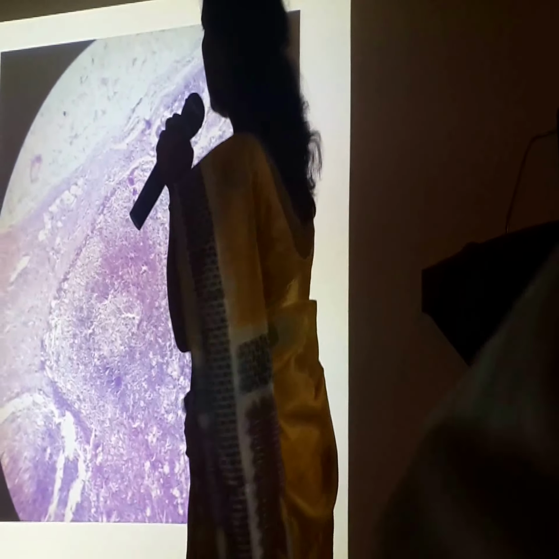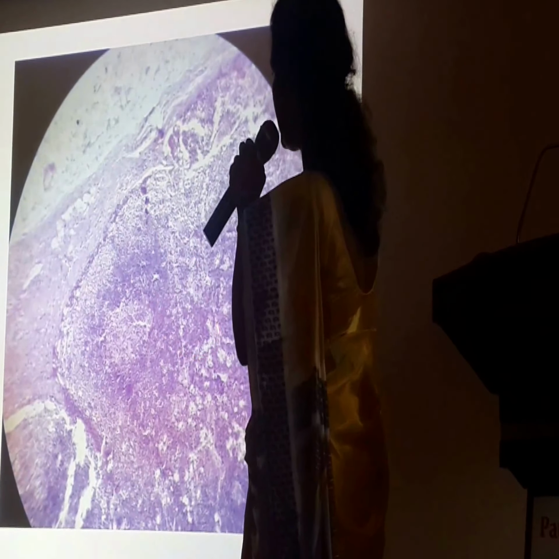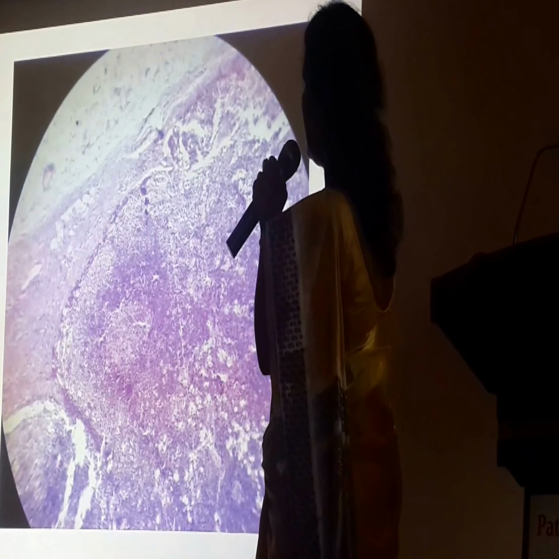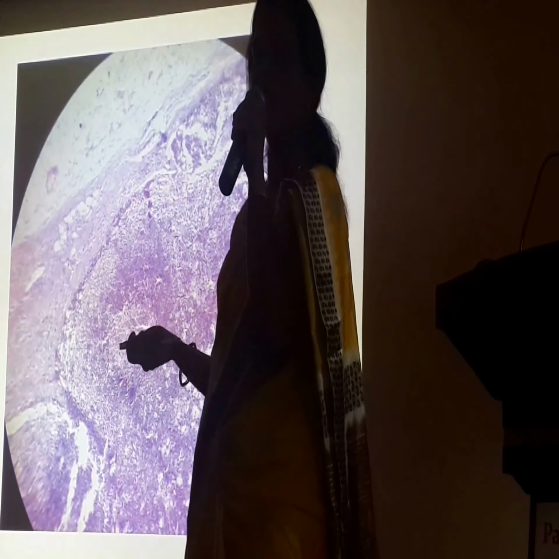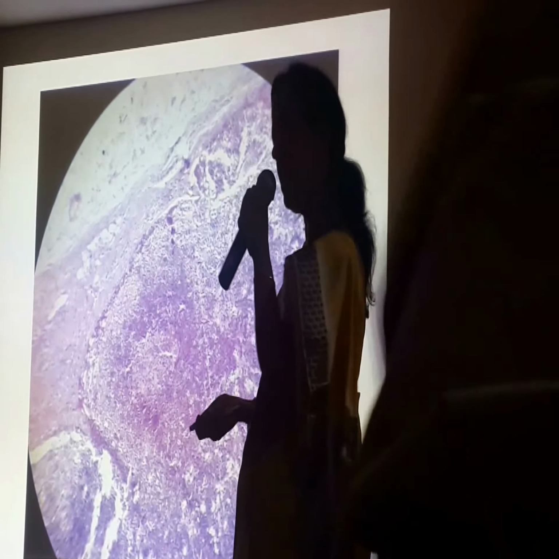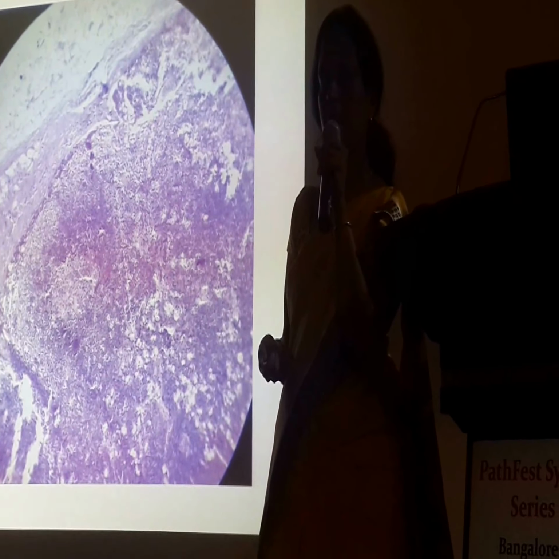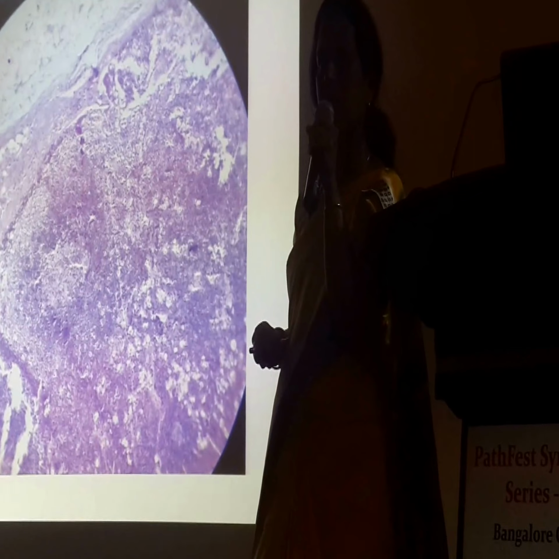Maybe a starry sky pattern. Very good. I just wanted you to observe here there's something, the histiocyte kind of. Is it starry sky? Where do we see starry sky? In Burkitt's lymphoma. Architecturally, where are they present?